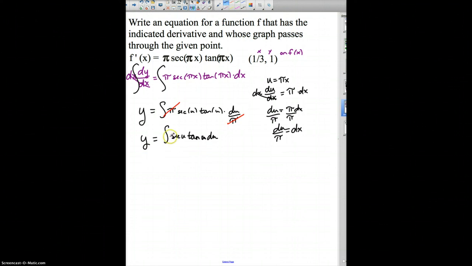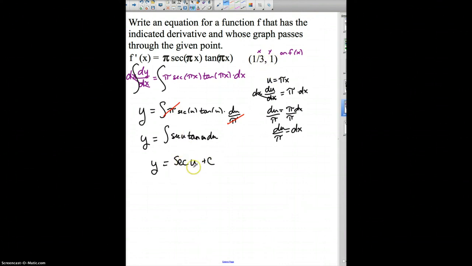If this is the integral of secant u tangent u, it's asking you for what has the derivative of this answer. What is this the derivative of? And that's the derivative of secant u plus c. So don't forget your basic rules. This is the original function. We take its derivative. That should be the answer for the derivative. When you integrate, you're integrating the derivative to get back to the original function. All right, that's plus c.